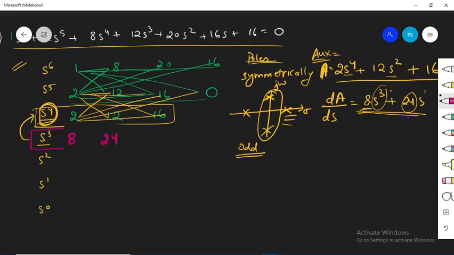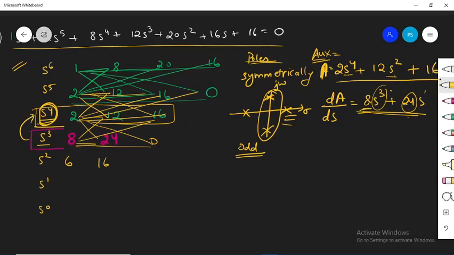making the Routh array. So this will become 8 into 12 minus 24 into 2 divided by 8. Okay, so 8 into 12 minus 24 into 2 divided by 8, it will become equal to 6. Then this will be 8 into 16 minus 12 into 0 divided by 8, so it's going to be 16.